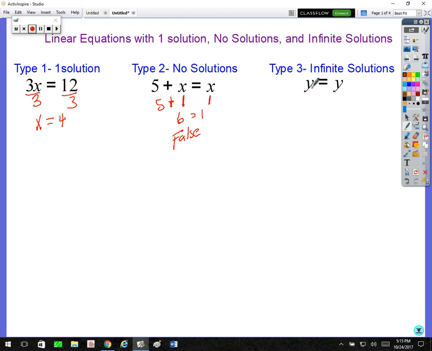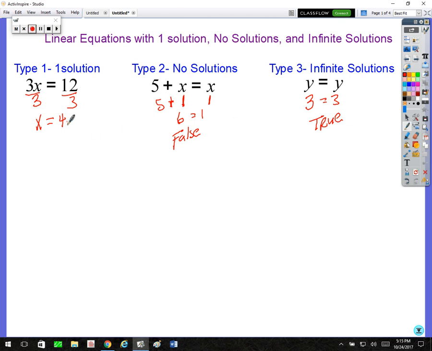If I plug in a 0, 0 equals 0. If I plug in 10 million here, 10 million here, your left side is always going to equal your right side. Okay, so that's the way we look at these problems. If I plugged in 3 for y and 3 for y, 3 equals 3, these will always be true statements. Okay, so that's what we're looking at.